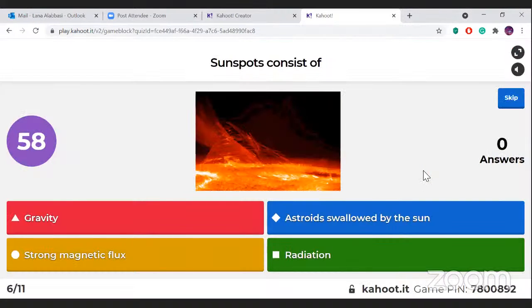The coming questions are basically a recap of what has been presented throughout the whole Sunspots virtual bootcamp. So this question is, sunspots consist of gravity, asteroid swallowed by the sun, strong magnetic flux, or radiation. Please click on the right answer.